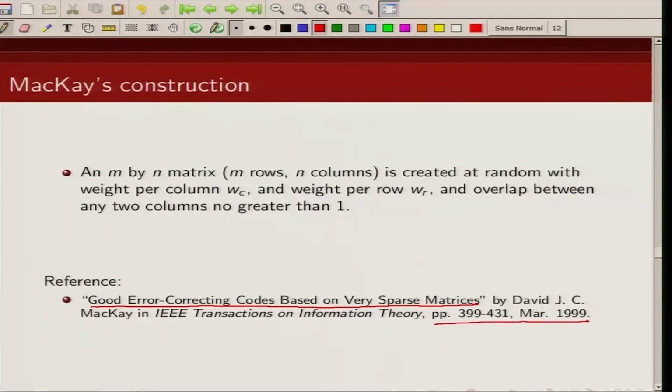So, one way of designing an M cross N matrix which has WC column weight and WR row weight is you can randomly put ones, ensuring these criteria are satisfied, and also you want to ensure that overlap between 2 rows of this parity check matrix is not more than 1.